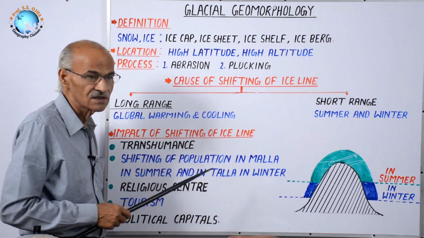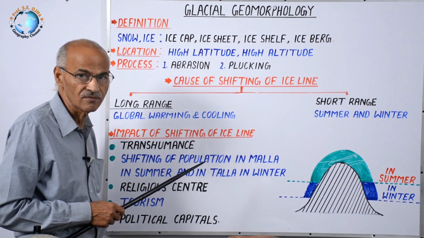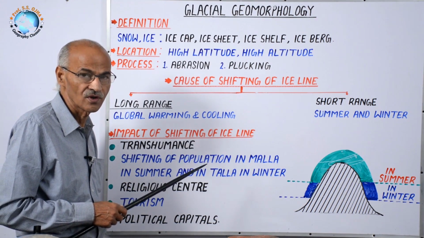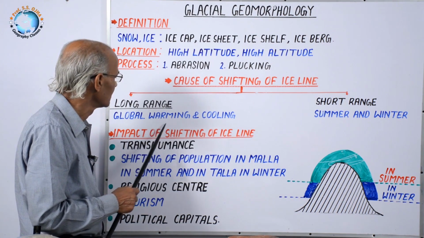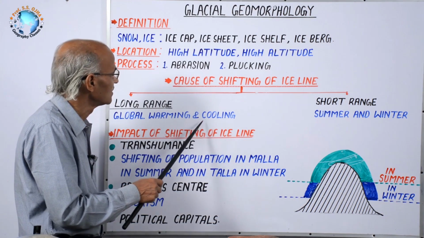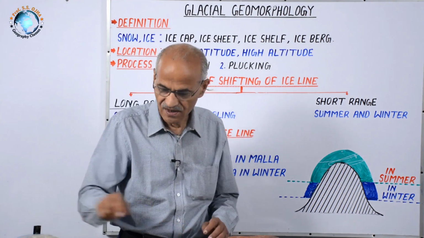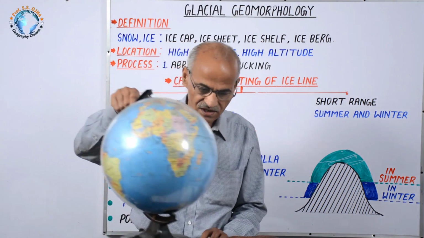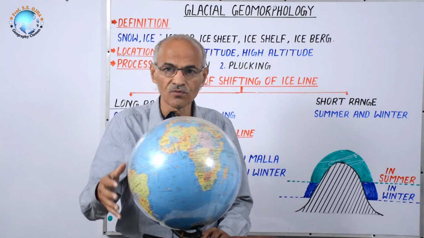In Pleistocene glaciation, there were four phases: Gunz, Mindel, Riss, Wurm, which had interglacial periods, or that was a type of global warming.